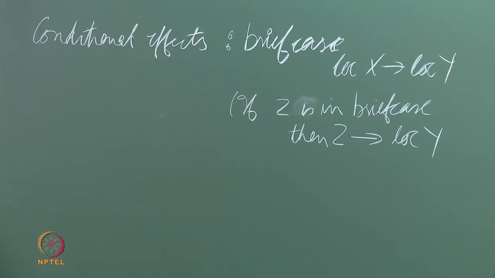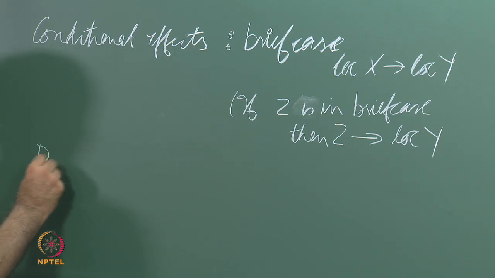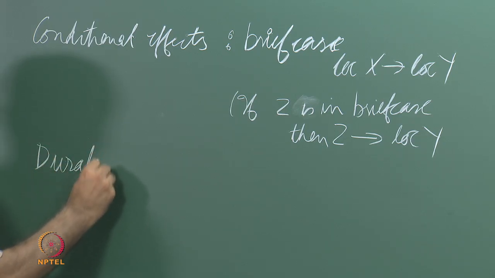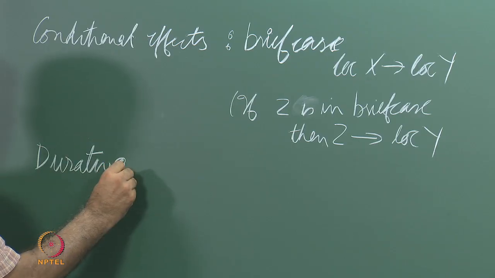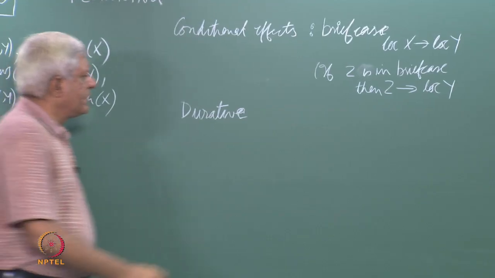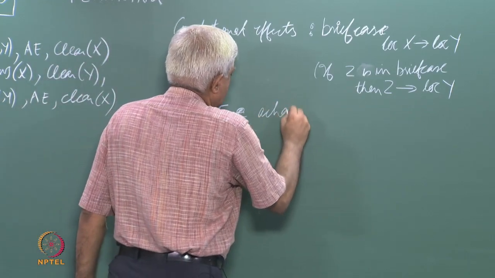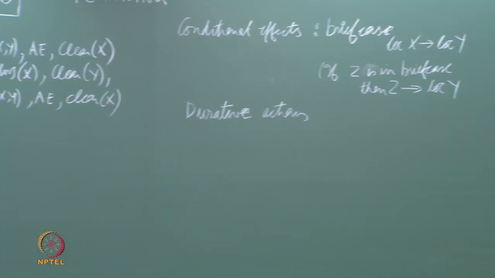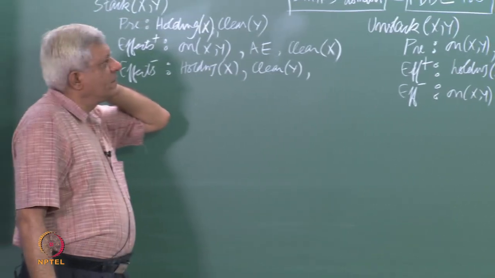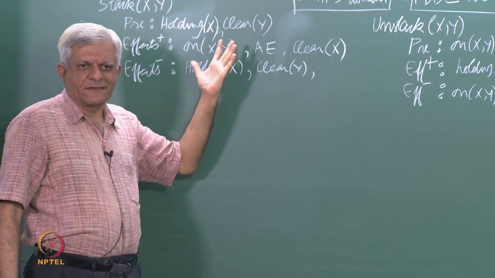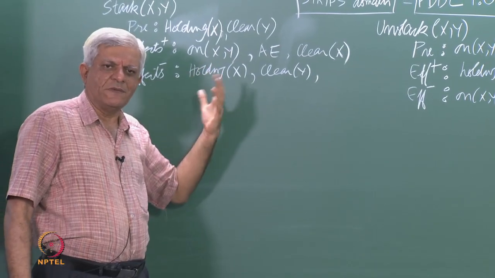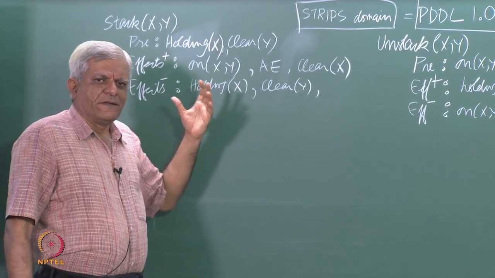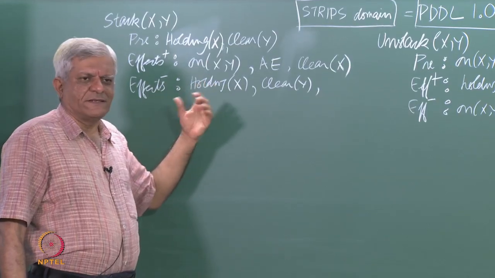Another feature which richer languages have are durative actions, which are being explored quite a lot nowadays. As we said in the last class, STRIPS actions or PDDL1 actions have no concept of time involved at all, and that is because actions are instantaneous.